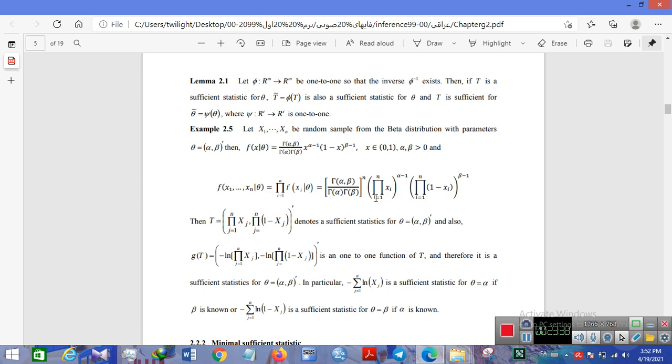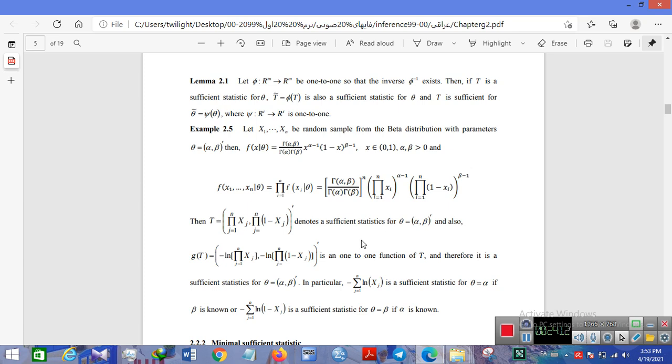This part is the product of x_i to the power alpha minus 1, and this one is the product of 1 minus x_i to the power beta minus 1. So we have the product of x_j and 1 minus x_j sufficient for theta.